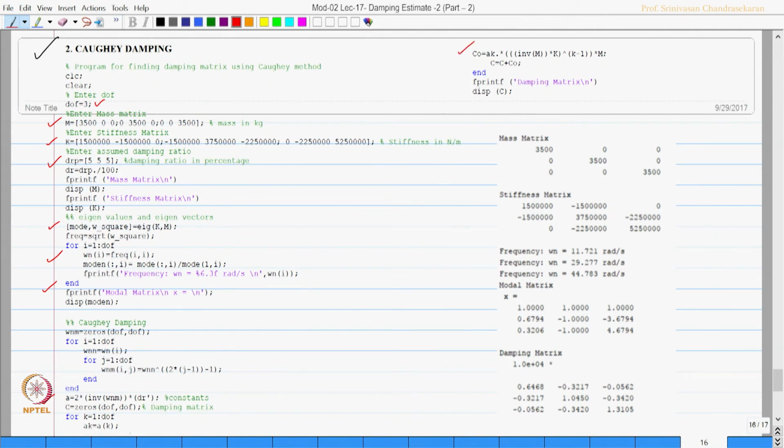The program continues from here and to here, okay, and then print. So, mass matrix is input, stiffness, frequencies, corresponding mode shape and the damping matrix. You will notice that the damping matrix obtained for all the 3 degrees including mode 1, 2 and 3 is marginally different from what you obtained from Rayleigh damping in the last lecture.